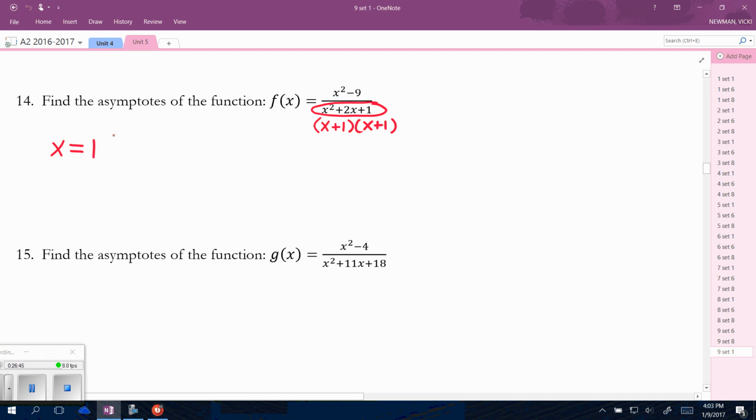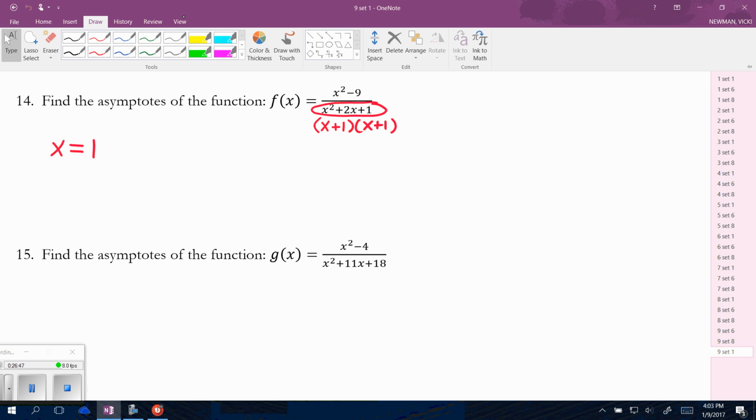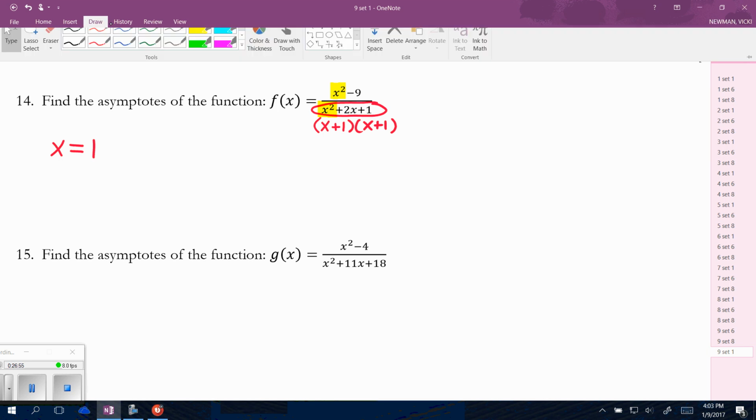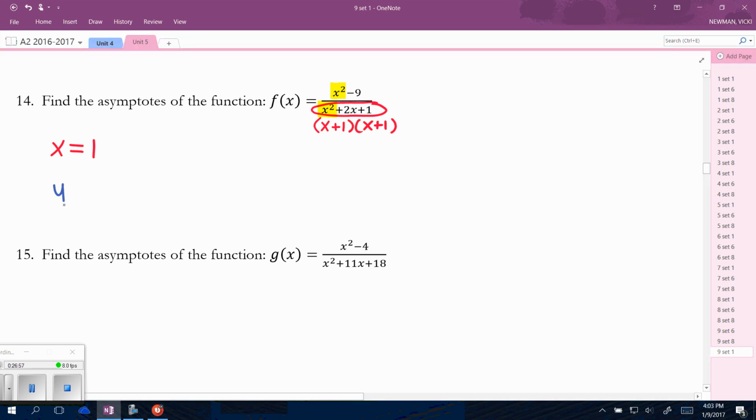The horizontal asymptotes, you need to look at the top highest power and the bottom highest power. If those match, then it is the ratio of the coefficients, 1 and 1. 1 divided by 1 is 1. Those are the equations of your asymptotes.